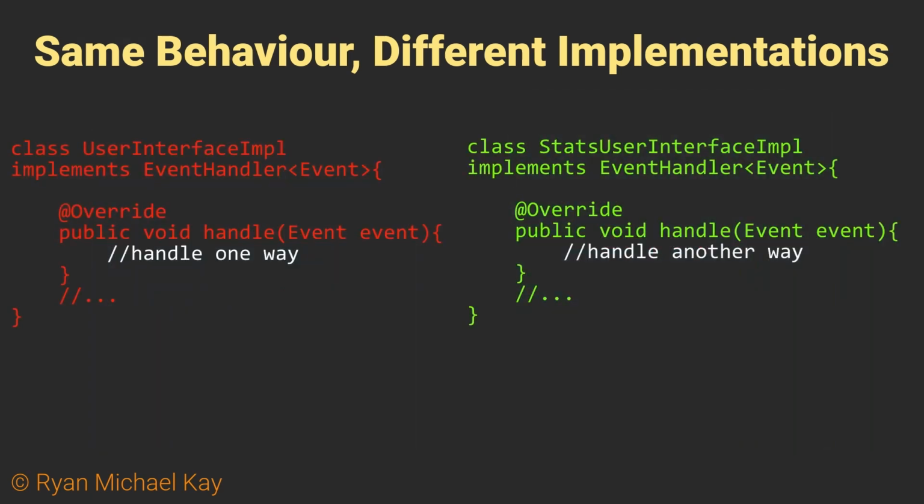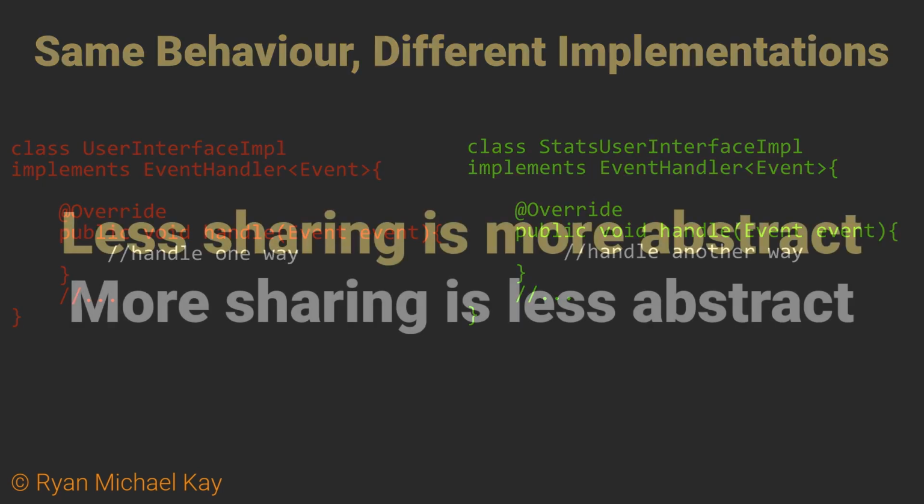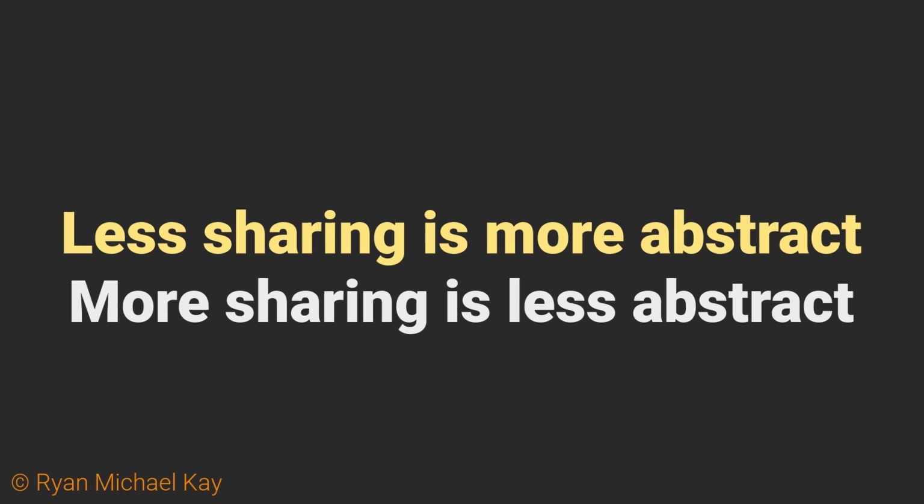In this case, this other statistics userInterfaceImpl will necessarily need to share the behavior of being an event handler, but it will also need to implement that behavior in a different way. In short, less sharing is more abstract and more sharing is less abstract. One final note. Interfaces have very important uses in software architecture, which we will discuss in Part 5.